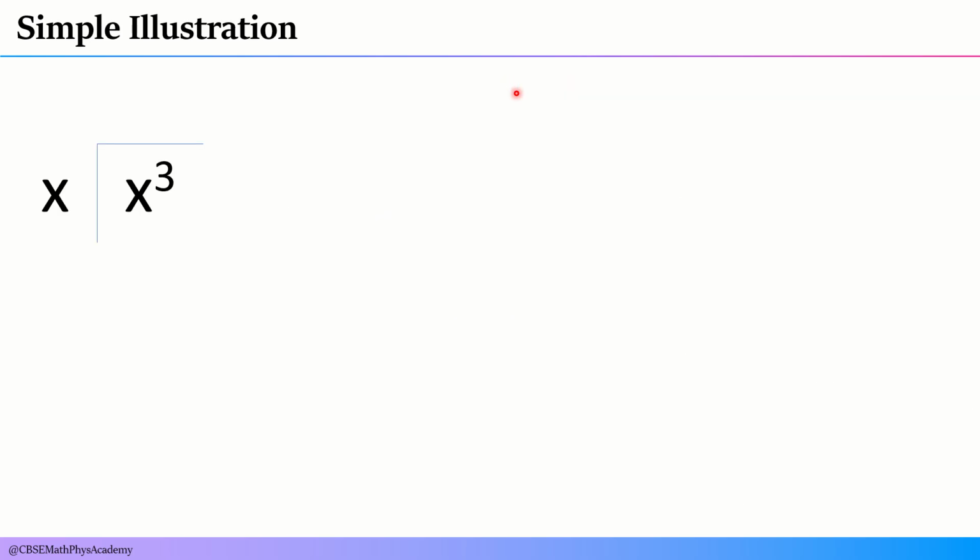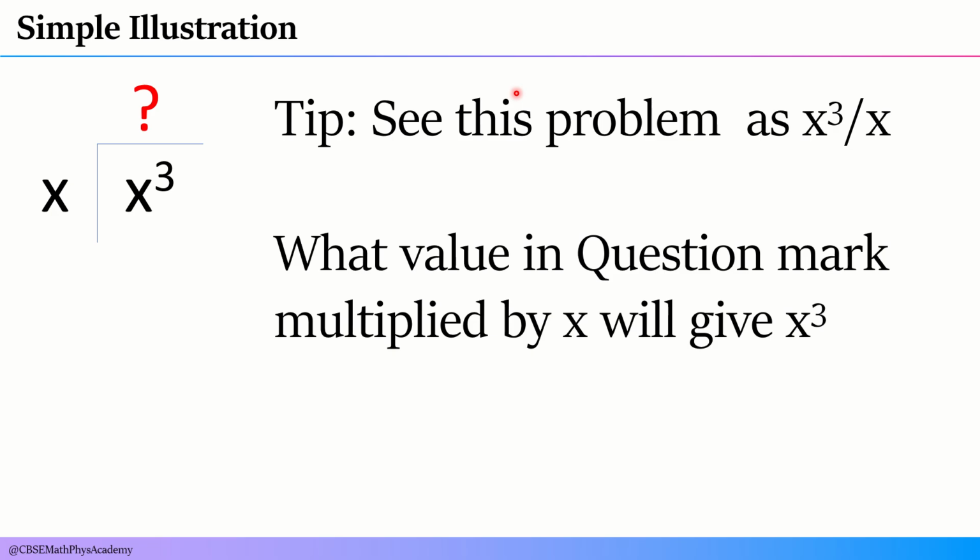So let me take a simple example where you are going to divide x cube by x, which I'm sure mentally you will immediately answer as x square, but I just want to explain the approach. You see what value in the question mark when multiplied by x will give you x cube. That is the way the division of polynomials must be approached.